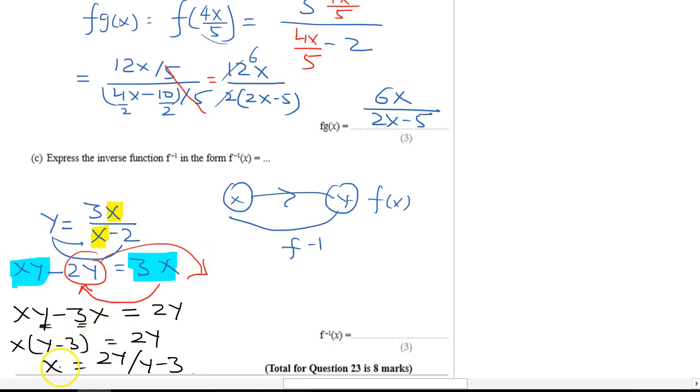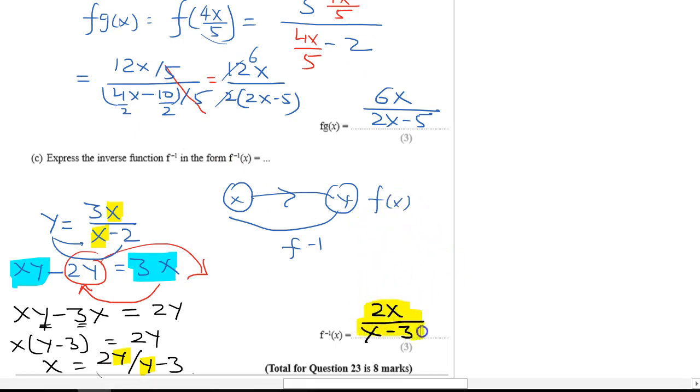Now, because we are writing the inverse, f inverse of x, you change this y to x. Instead of writing 2y over y minus 3, this y I'm going to write as x. So I will write 2x over x minus 3. So that is my inverse function.